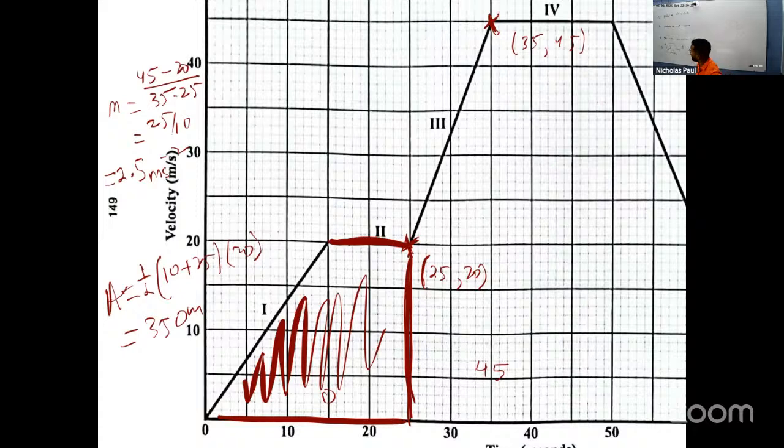Okay, so the parallel sides and the height. Let's go again. Right, this one here might be a little problem.